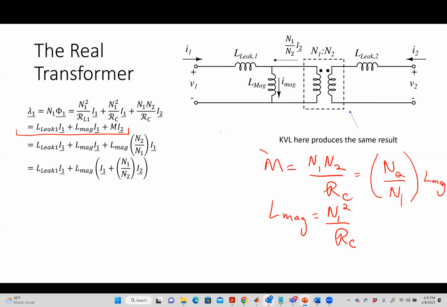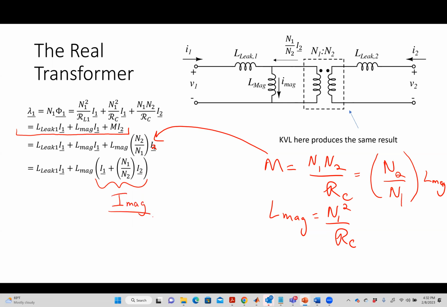All right. I did that here. I did that there. And then I also did that there. That should be I2 though. Right there. What I do is I then group those two terms and I gave this a name, I mag.